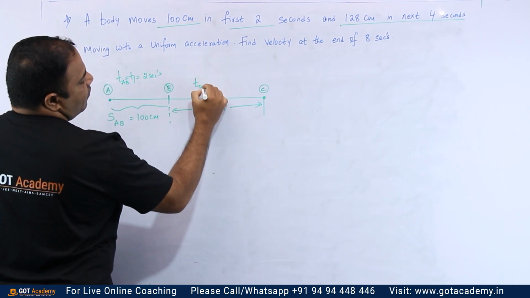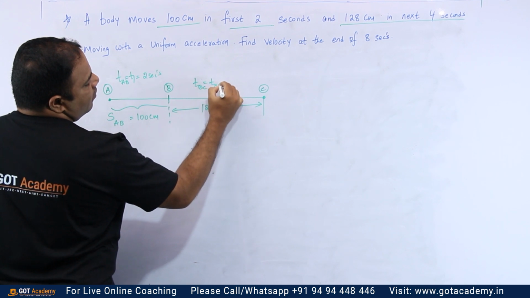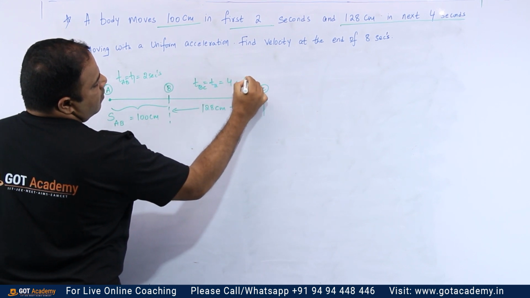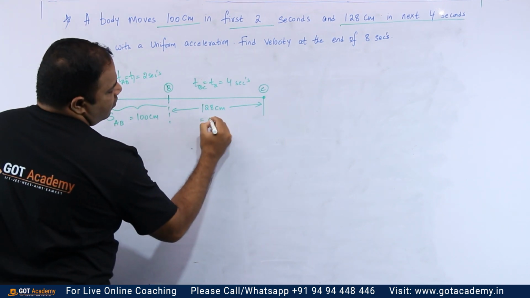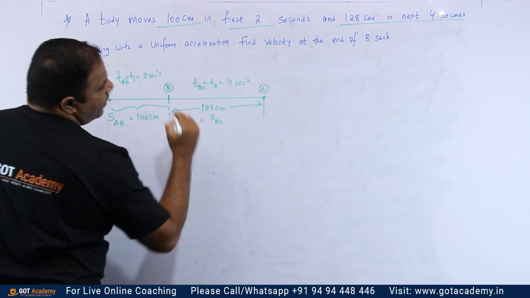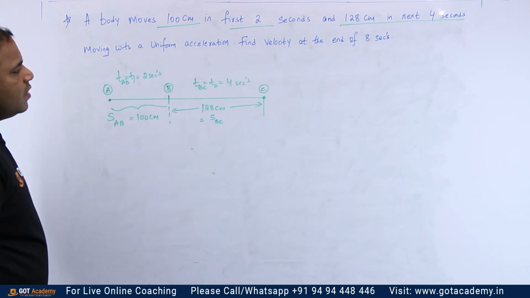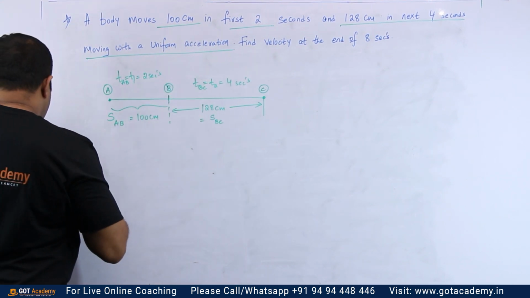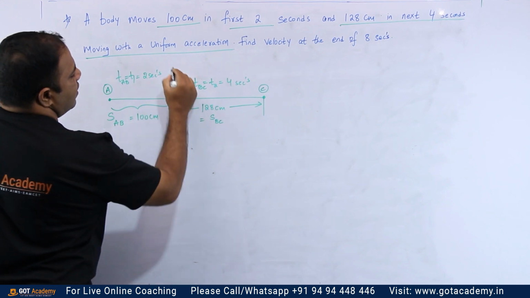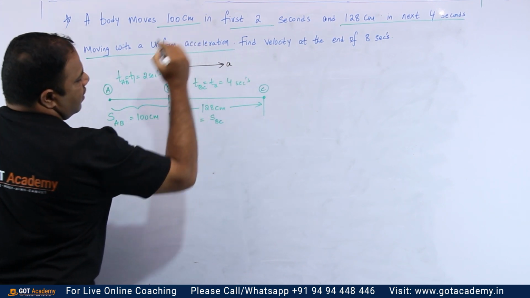So the time taken from B to C, or you could write T2, is 4 seconds. Is it clear? This is the distance covered from point B to C, moving with a uniform acceleration. This is the way I'll write acceleration.